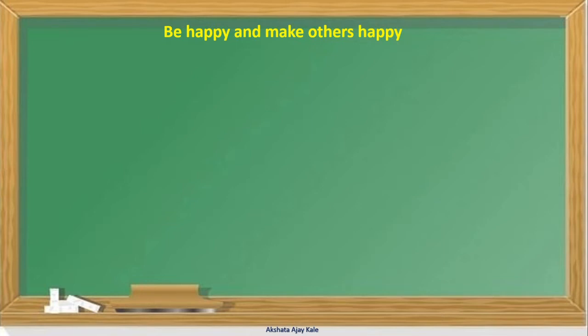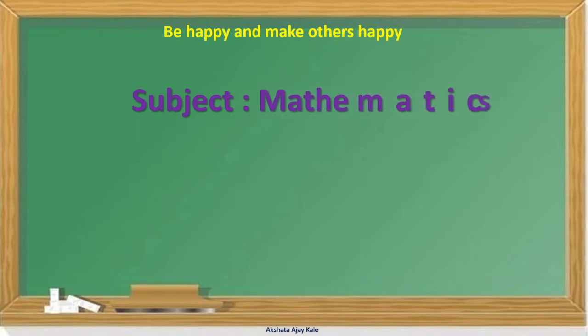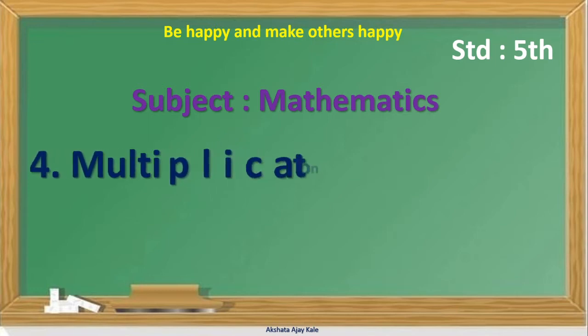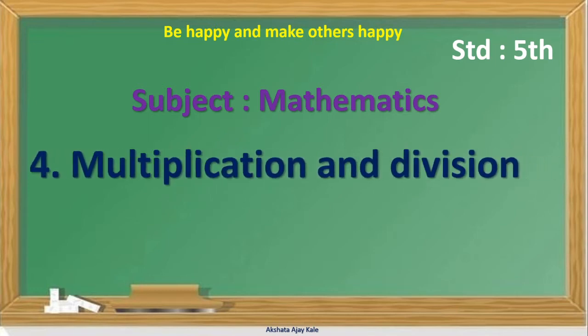Today we are going to learn mathematics on the green board so that we can enjoy the classroom learning. Our subject is mathematics, standard 5th, and the topic is multiplication and division. Here we will write the symbols for multiplication and division.